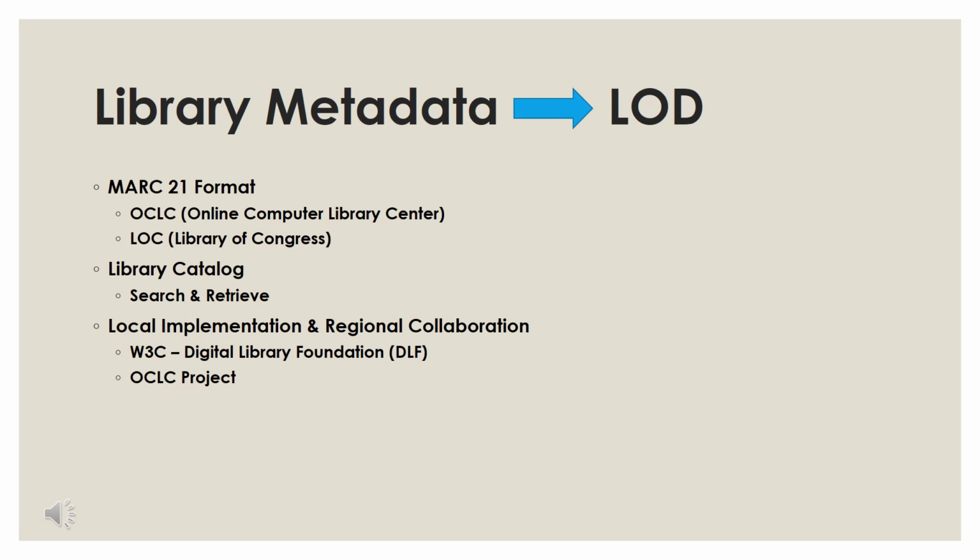Now, there's lots of different projects behind linked open data. It's still most definitely a work in progress. So you have lots of things like, I know I looked at one, W3C, which is a consortium of different academic and some corporate, it looked like some public libraries as well, that work with the Digital Library Foundation, and they're all collaborating together to make linked open data. Same thing, OCLC has its own specific project just for linked open data.